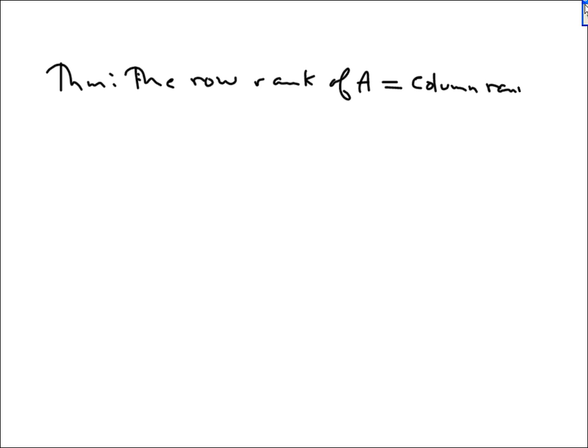But the dimension of the column space and the dimension of the row space are equal. Remember that the dimension of the row space, by definition, was the row rank. The row rank of A is equal to the dimension of the column space, which is the column rank of A. The row rank of A and the column rank of A are equal.